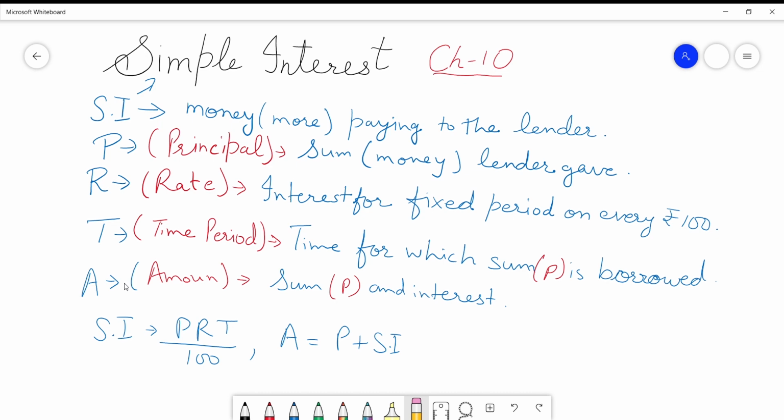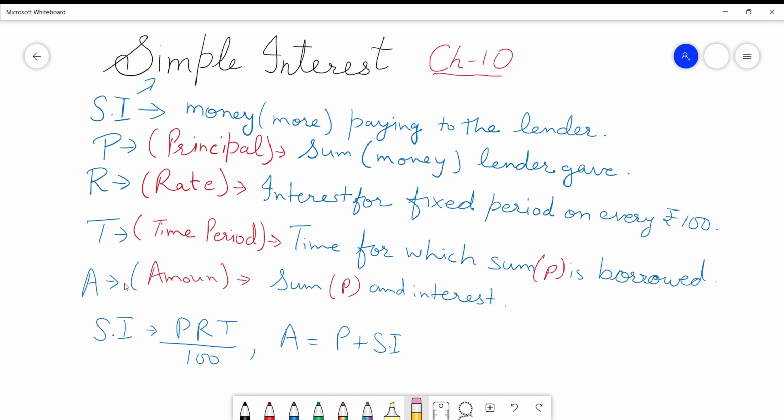Now there is some terminology about it, which I'm going to explain. I have explained simple interest, and we will call it SI. The second term is P, that is principal. The principal is the sum, the money which the lender gave us.